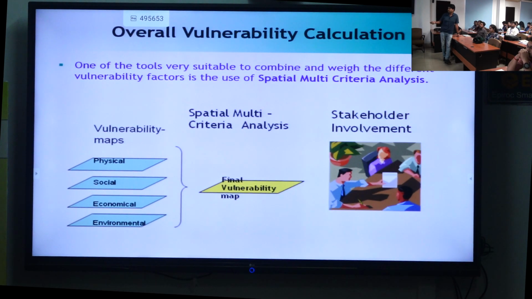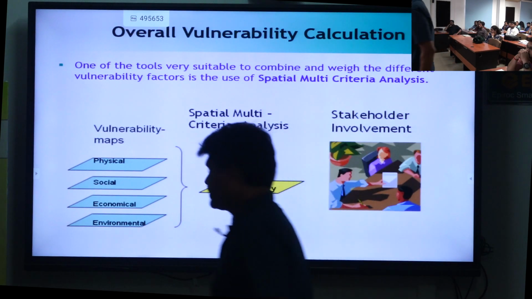Vulnerability maps are prepared as physical vulnerability map, social vulnerability map, economic vulnerability map, environmental vulnerability map, individually, right? Then you combine them to come up with the total or final vulnerability map. And this can be done based on the spatial multi-criteria analysis. Okay? Understanding?